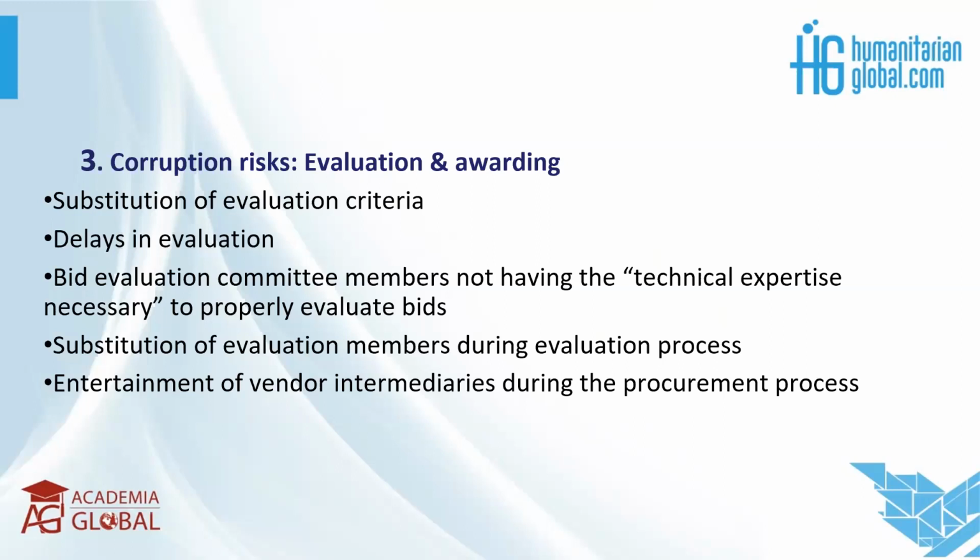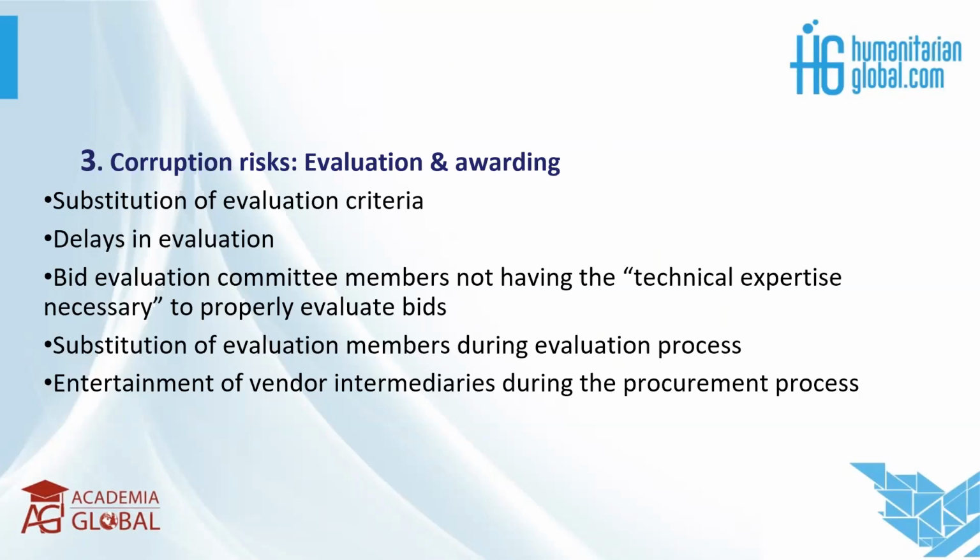And then here in evaluation and awarding, this is where the suppliers have bid, and you as the procurement professional in an organization are evaluating the bids to be able to select the right supplier. Some of the corruption risks here might be substitution of evaluation criteria, where you already had the criteria that you're going to use to evaluate the bid, but then you decide we're not going to use this one, or you introduce a new spectrum into the evaluation criteria.